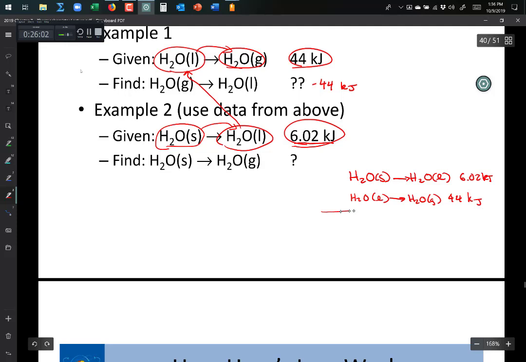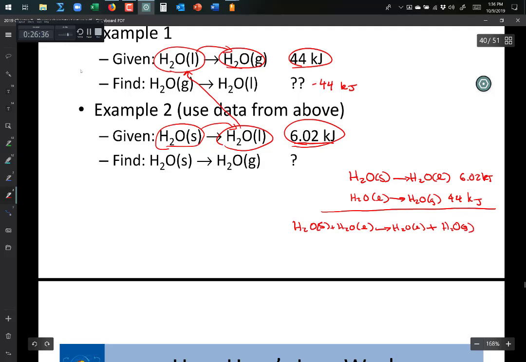When I add these two reactions together, what can I get rid of? Yeah, I'll have liquid on one side and liquid on the other side. If you just add them up, you're going to get H2O solid plus H2O liquid goes to H2O liquid plus H2O gas.